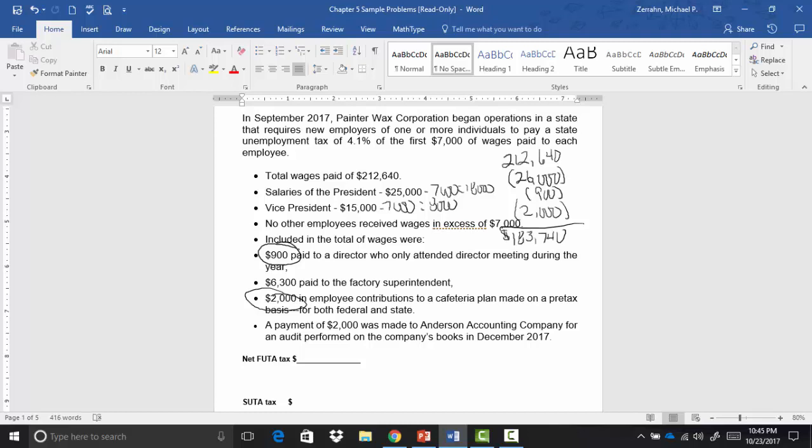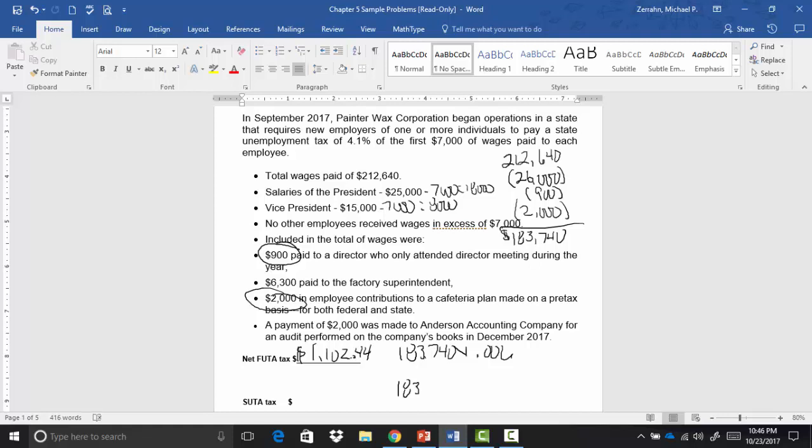So for my FUTA, $183,740 times my 0.006. So my FUTA tax is $1,102.44. For SUTA, they get the same breaks.